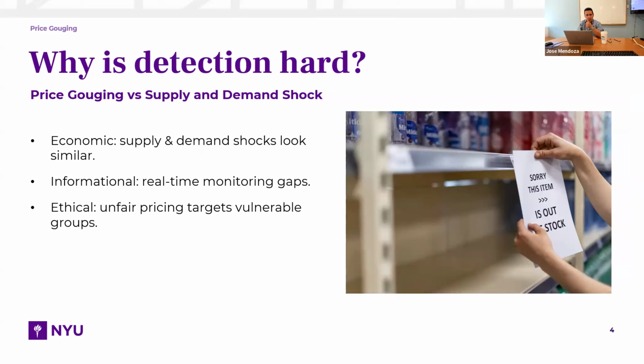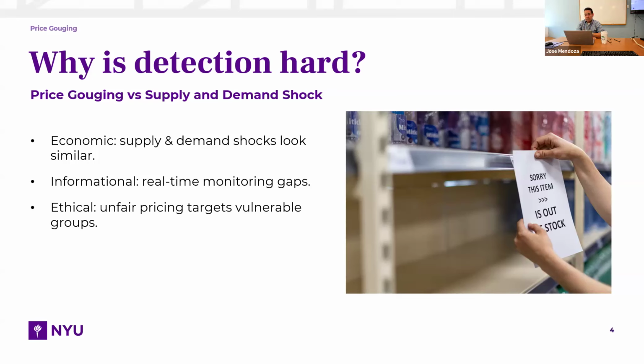Sometimes it's not credible. Social media is not exactly very credible. And then there are supply and demand shocks, like for example what happened with COVID. It might look like price gouging, but it's literally the supply and demand making it more difficult for retailers to keep the prices.